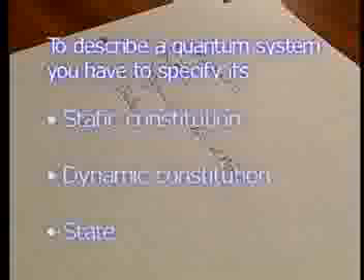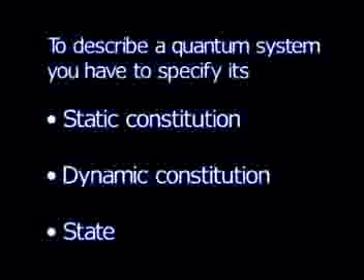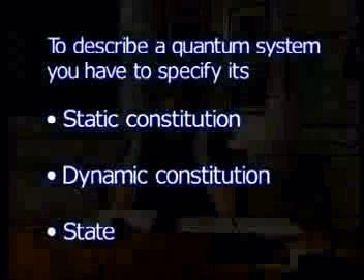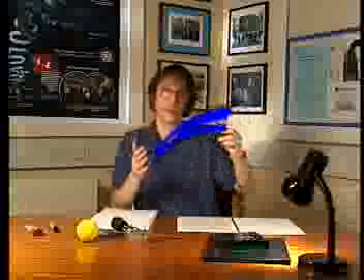To complete the description of a quantum physical system, we need to specify a third thing, namely its state, what it's actually doing during a particular experiment in all the universes in which it exists. In classical physics, the analog of specifying the state would be specifying which trajectory the system is on.